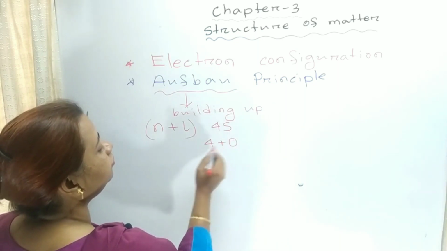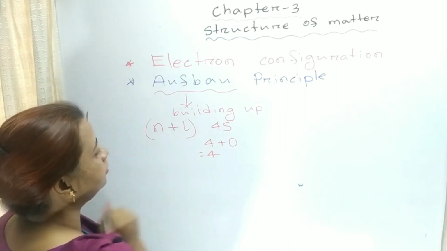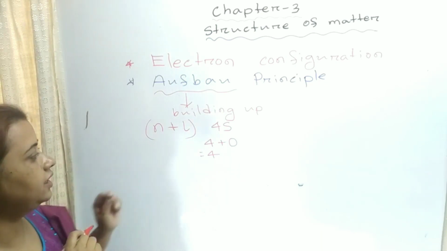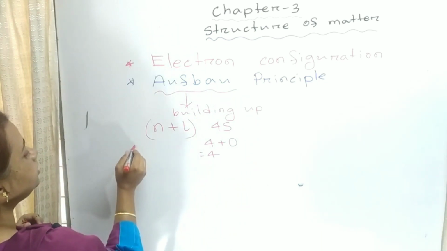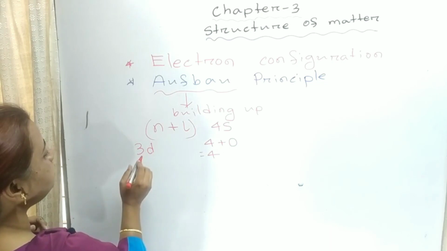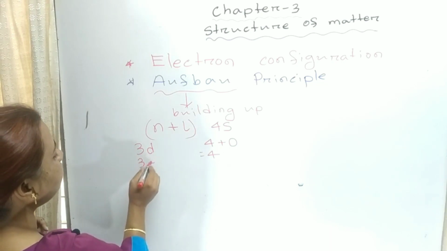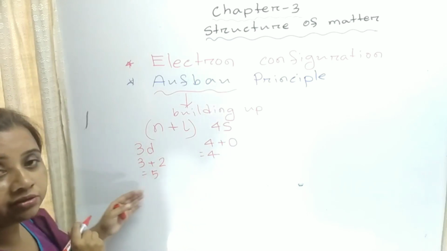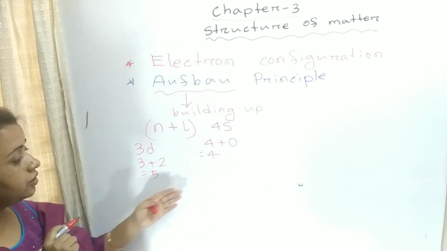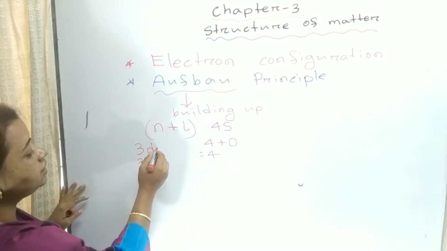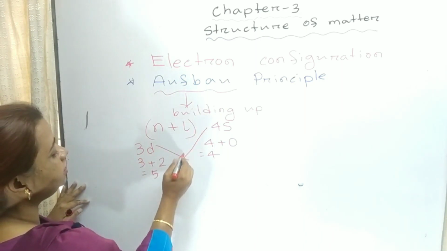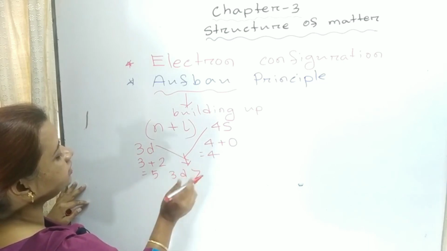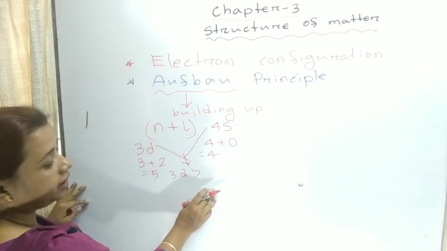So the value for 4s is equal to 4. Like this way you can understand which one is lower, which one is higher. Then suppose 3d. In case of 3d, the value of n is 3 and the value of L for d is 2, so 3 plus 2 is equal to 5. So can you say which one is higher, which one is lower? Between 3d and 4s, 3d is the higher energy level and 4s is the lower energy level.